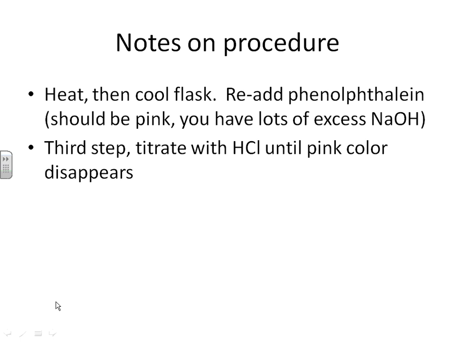And on our third step, that back titration with the hydrochloric acid where we figure out how much excess sodium hydroxide we had, we're adding HCl into the flask. And because we are starting with a base and adding in an acid, we're not going to do the titration until the faint pink color appears. We're going to do the titration until the faint pink color disappears, because it should be hot pink and we want to turn it colorless.